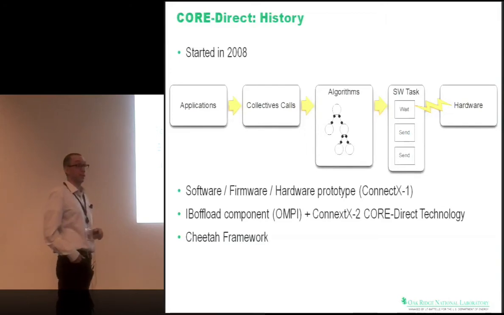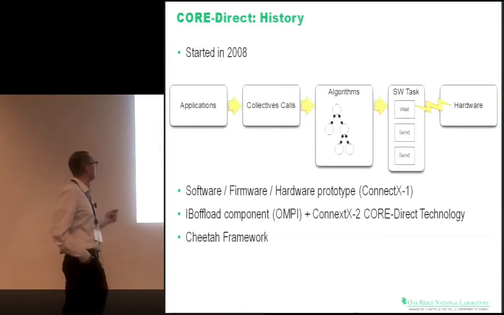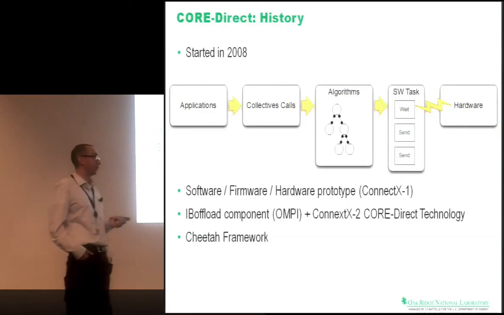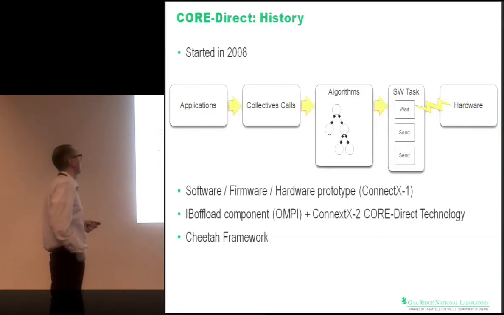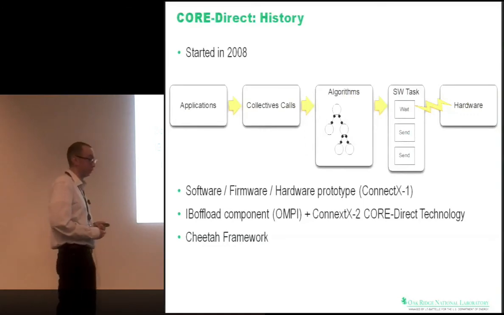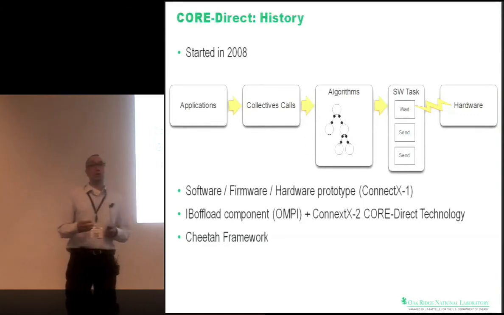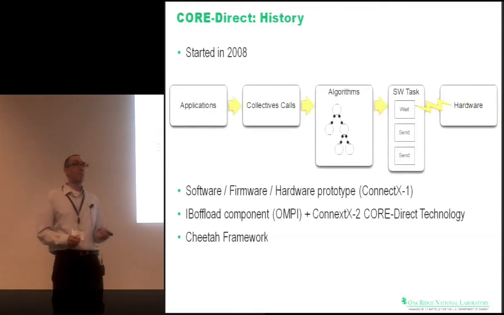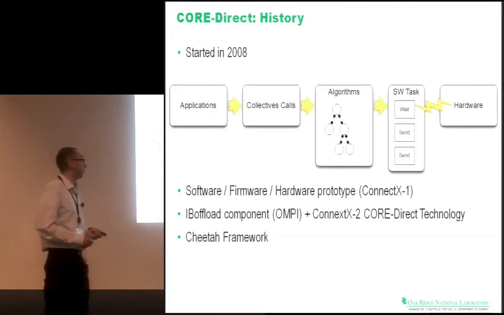The idea is very simple. If you look at applications, you will see that collective calls are used a lot, and very often it's one of the bottlenecks for scalability of the application. If you look at algorithms of collectives, it's usually some sort of trees, n-ary tree, or some hypercube-based algorithms.